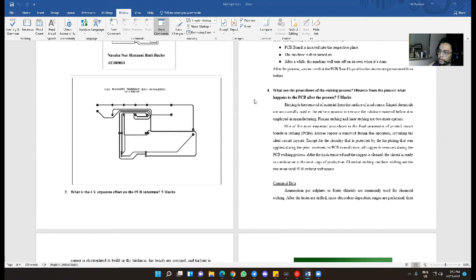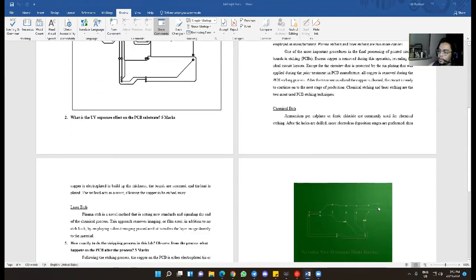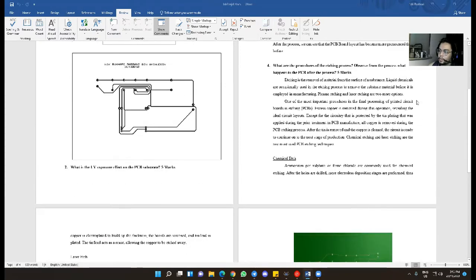For Lab 3, we need to know what is the procedure for the etching and how many etching types we have. The procedure is to remove material from the surface of the substrate. This means in this board, we need to remove the material in the etching. Liquid chemical oxidation is used in the etching process to remove the substrate material.